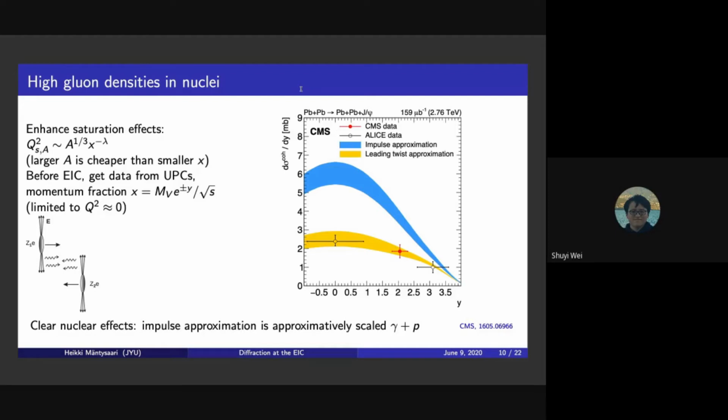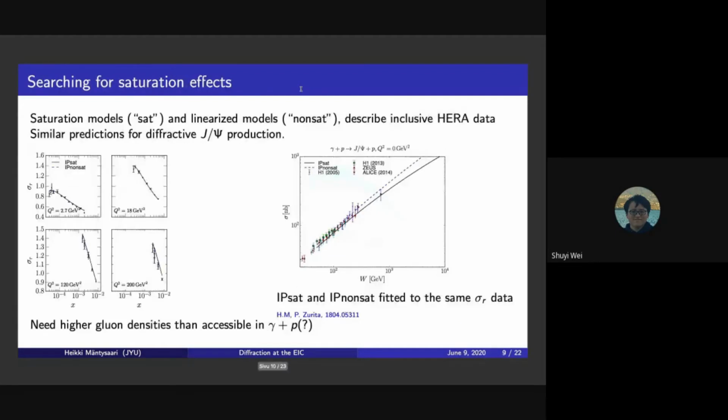I also have a question about the previous slides. Normally for J/psi production, I would expect the model dependence to be very strong, the uncertainty should be very large. Have you tuned the parameters for the J/psi production? Yes.